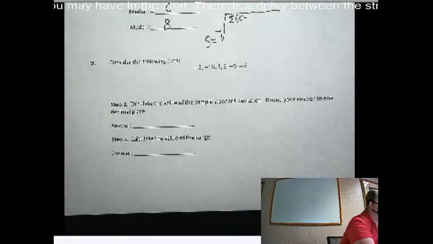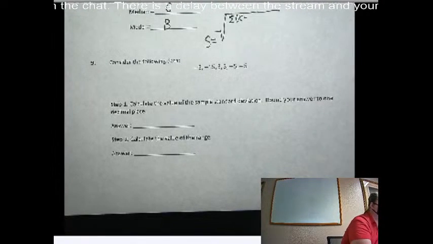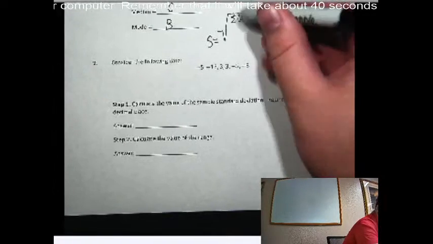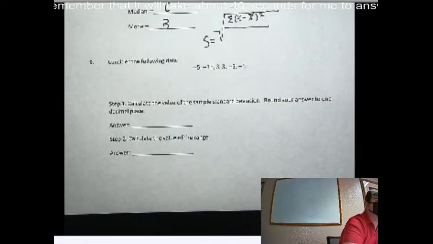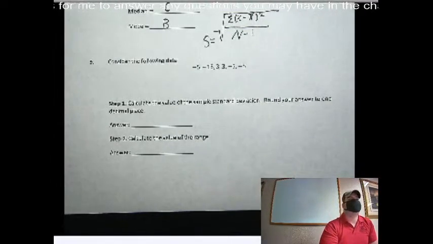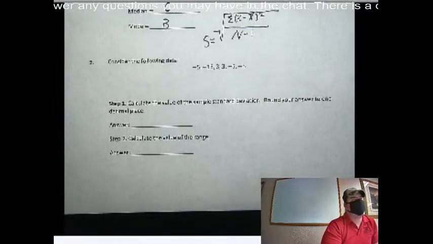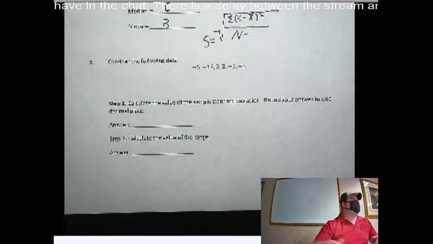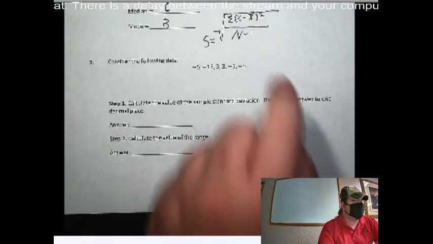The mean? Yeah. So what is mean for a sample? What is that called? X bar. Excellent. Squared all over what? N minus 1. Perfect. Now, why is it N minus 1? Because it's a sample. We don't have all of the data points for the entire population, and we need to take that into account. That's why we take 1 off of that N.